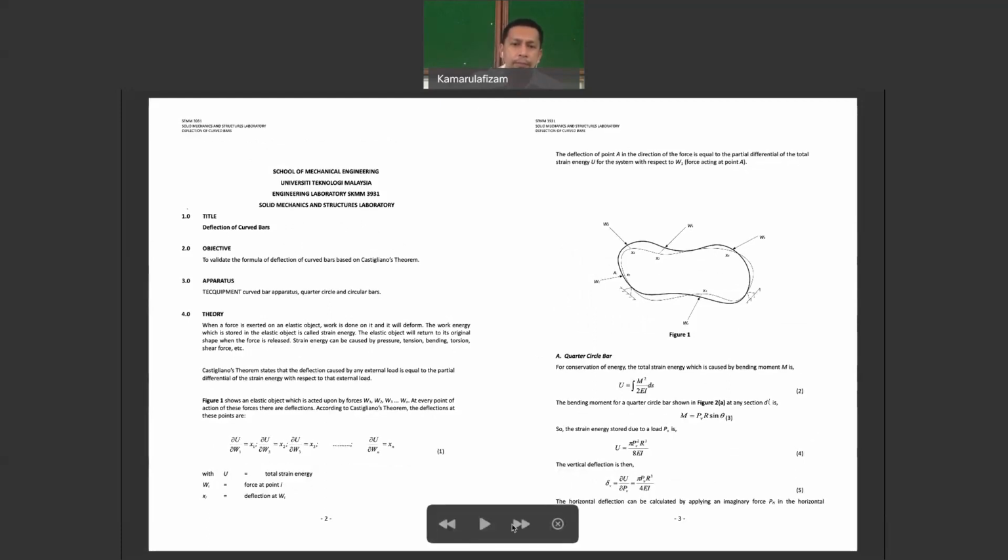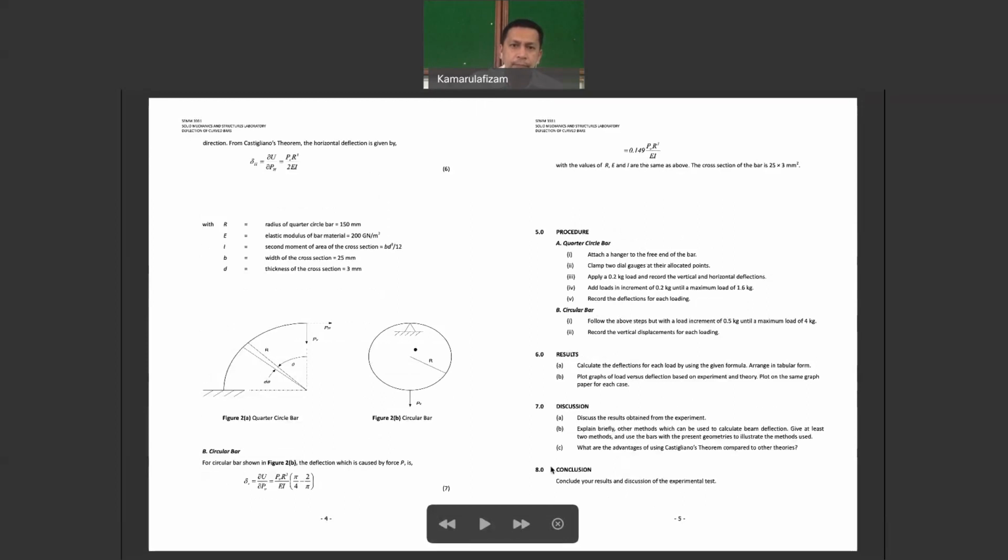Okay. Yeah, basically all the parameters are given. So I just need you to identify and use the right formula to produce the expected output that reflects the amount of deflection that occurs at certain loading condition.